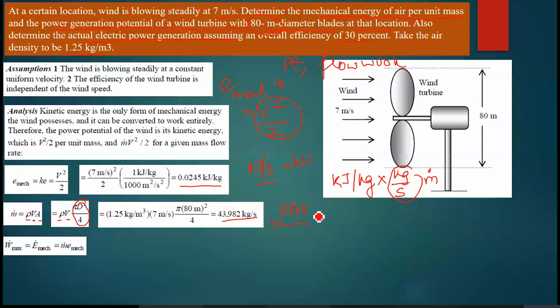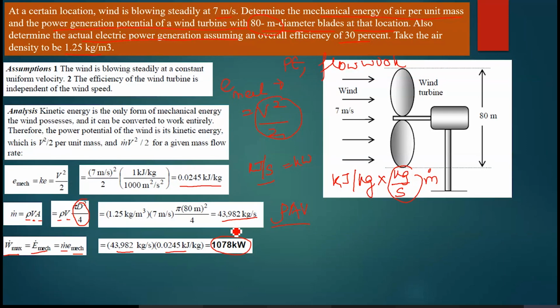Now I want to calculate the maximum power generated. It is the maximum mechanical energy generated, which is mass flow rate multiplied by the specific energy. So this is your mass flow rate, this is your specific energy, this comes out to be this much kilowatts. Clear enough?